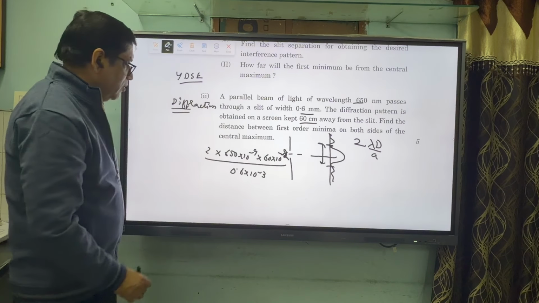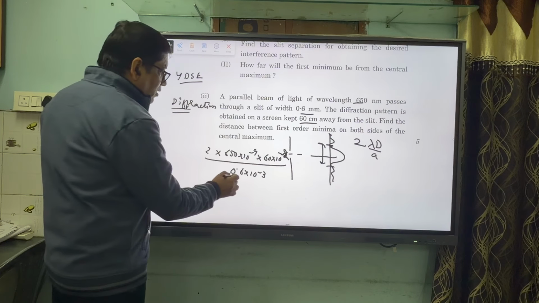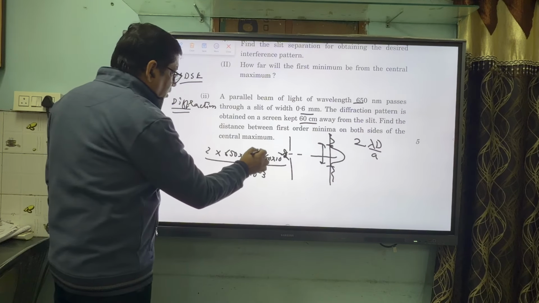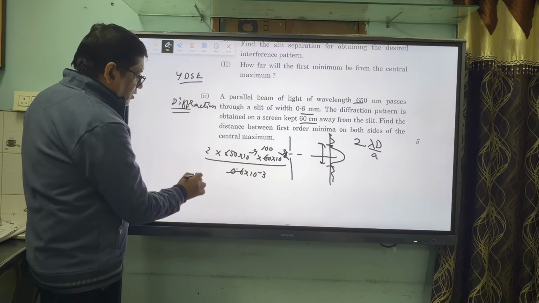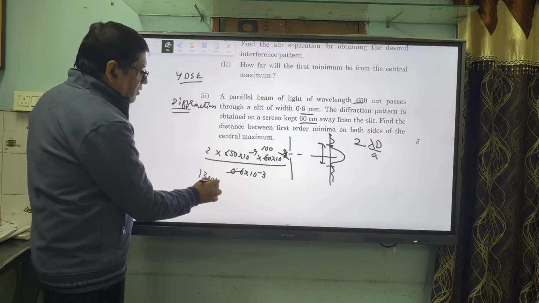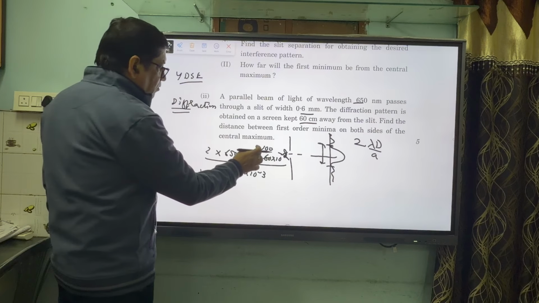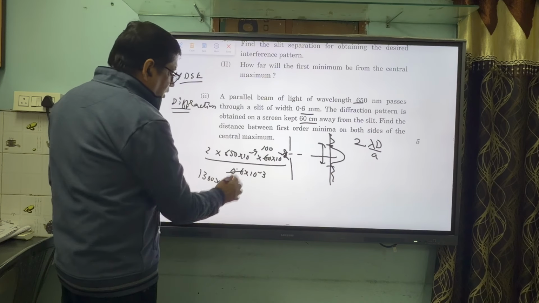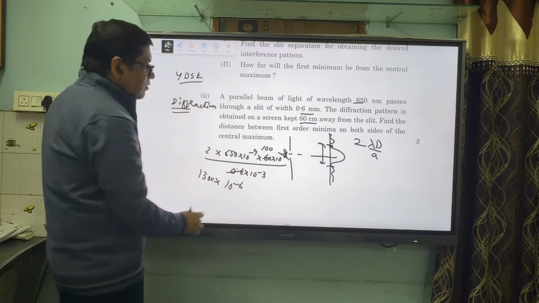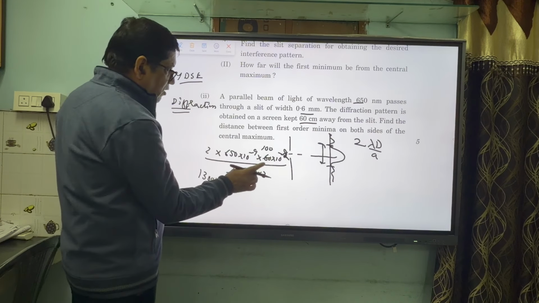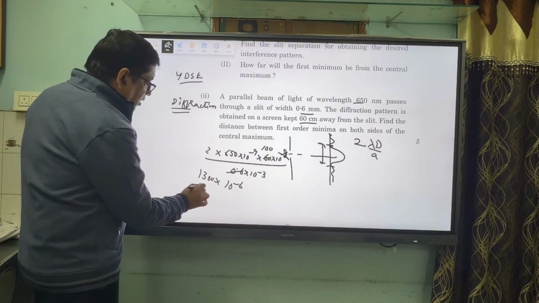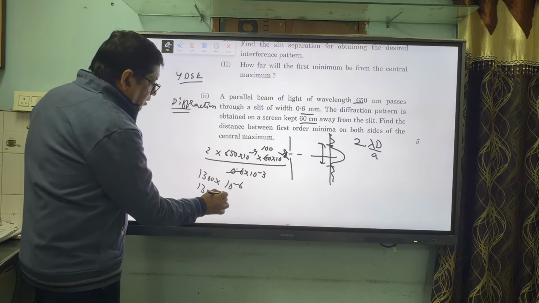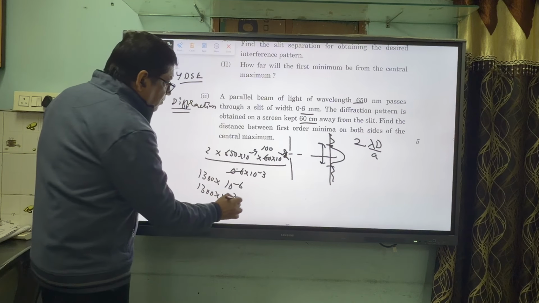So क्या हो जाएगा? यहाँ पर आंसर देखते हैं. 0.6 को 60 से काटा, it will become 100. 2 into 650, 1300 into 10 की power, minus 9 upon minus 6 हो जाएगा. Yes, it is 10 to minus 6. So it becomes 1300 into 10 to the minus 3.